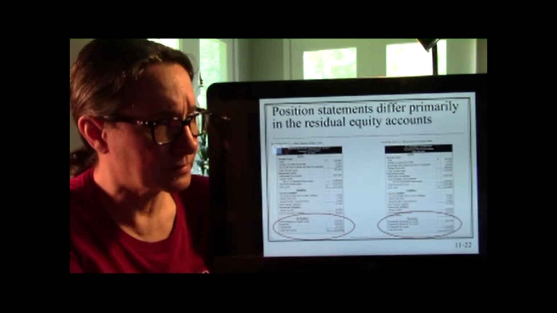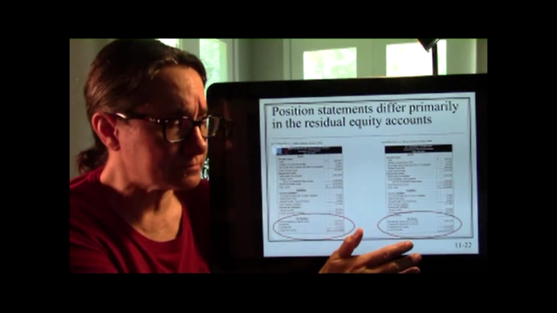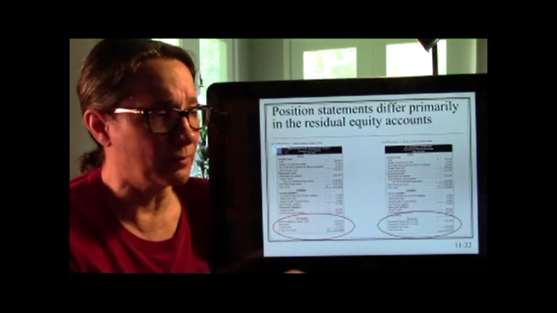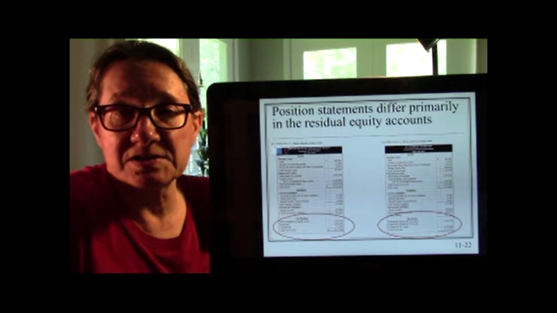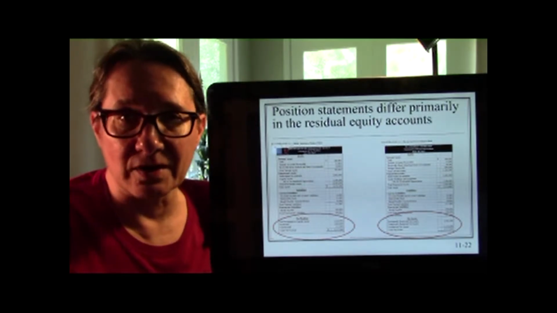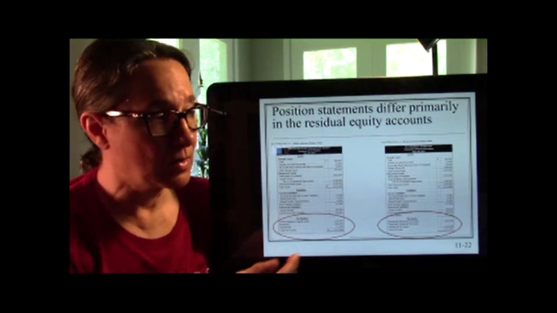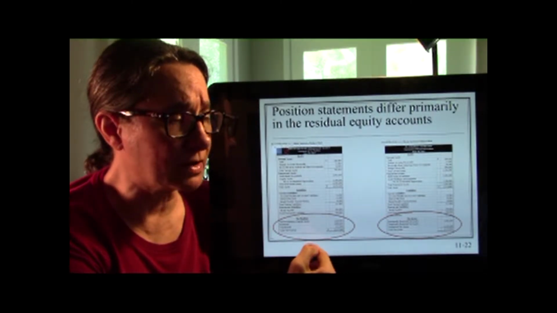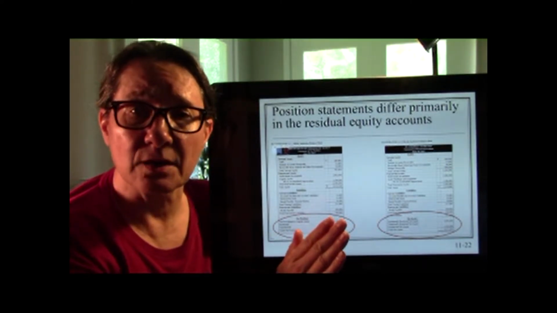And again, the position statement, the big difference is down here in what we would call the residual accounts, right? At a corporation, you would call it the stockholders' equity section. Assets minus liability equal what? Well, in a public university like Texas A&M Kingsville, they equal net position, just like anywhere else in the government.